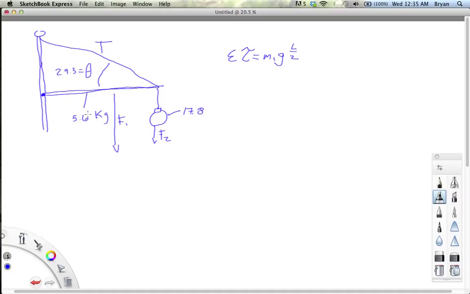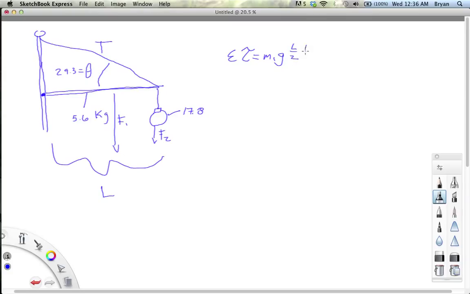So M1G is this one, and it's always going down at the center of the bar. That's why you have to do L divided by 2, and L is right here. L, that's the length.